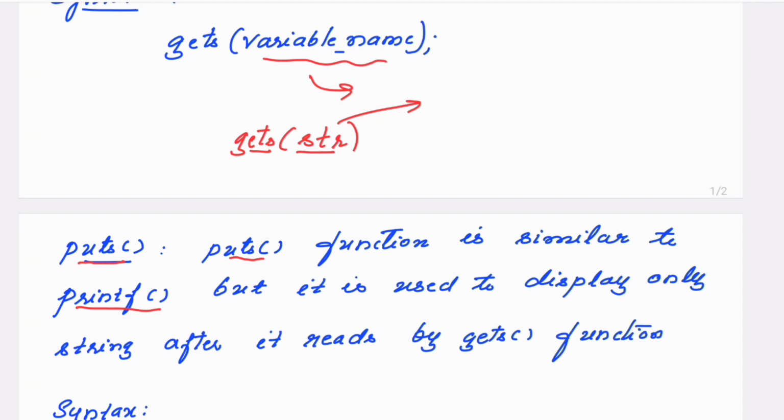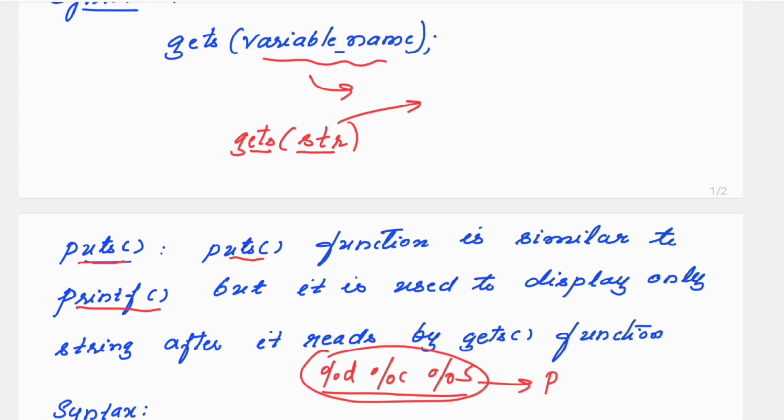Normally when you use printf to print strings, characters or integers, you make use of format specifiers like %d, %c, %s, and in whatever sequence you want those things to be displayed, you have to follow the same sequence. So these are the format specifiers you have to use compulsorily in printf.